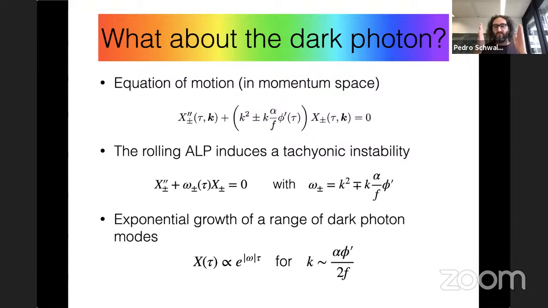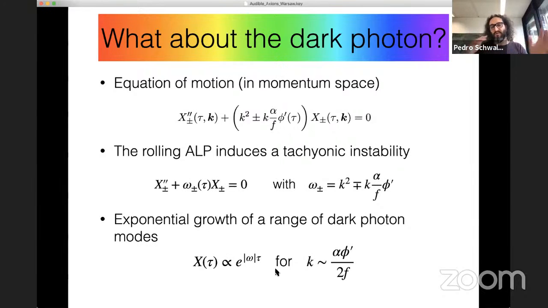There's a certain range of momenta k for which the frequency of the corresponding dark photon mode becomes imaginary. That means instead of a nice oscillating mode, depending on the helicity, you get one mode which is growing exponentially and one mode which is damped exponentially.